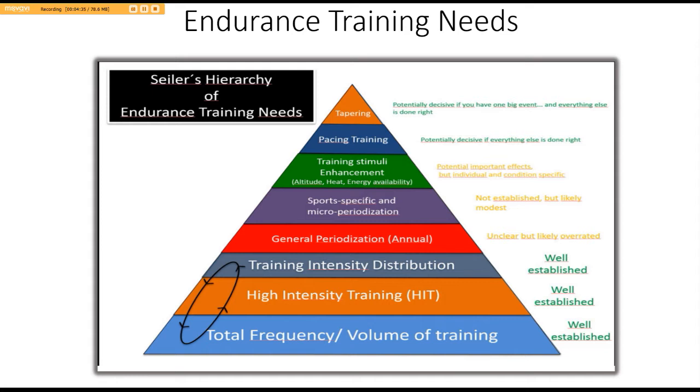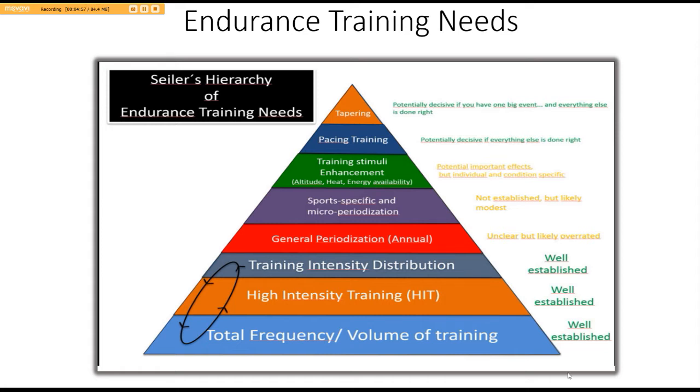These three aspects Celia outlines as being well established. Above that you have aspects which are not as relevant but could have some benefit, providing these three down the bottom have been well groomed and well sought after in the general training diet.